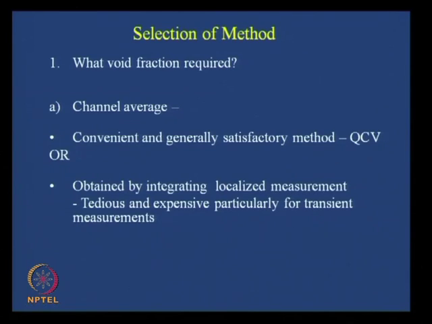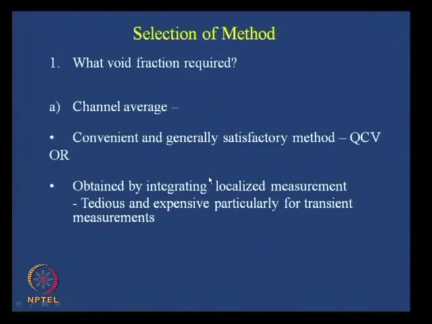See, the technique we will select according to the requirement which we have. Which void fraction do we have to measure? If it is a volume average, the only thing we can do is the quick closing valve technique. Here, if you see this transparency, it is written down.